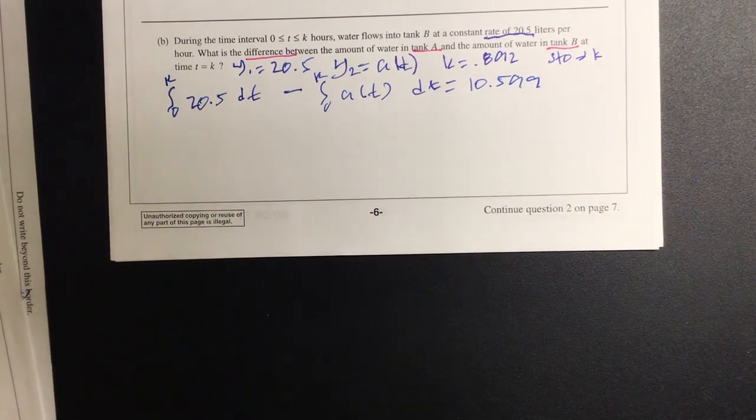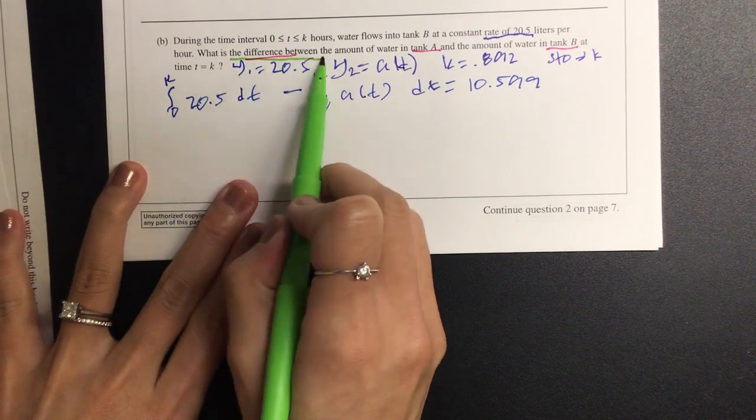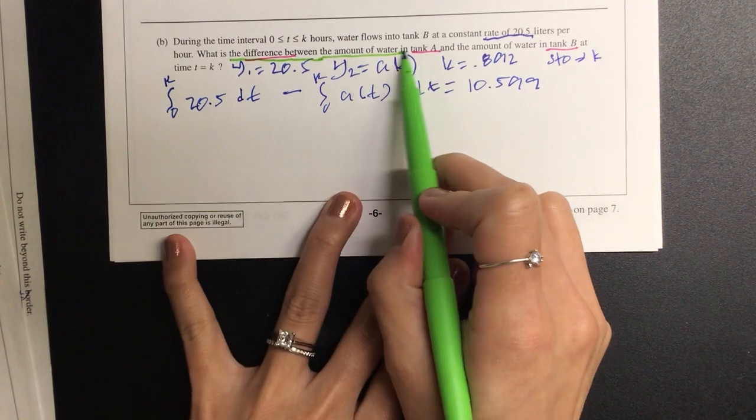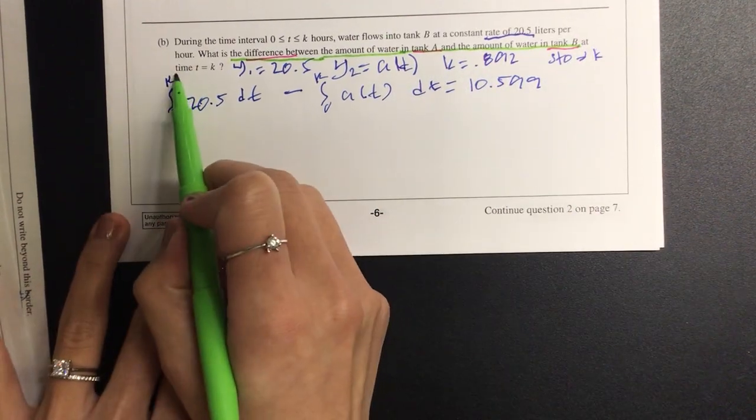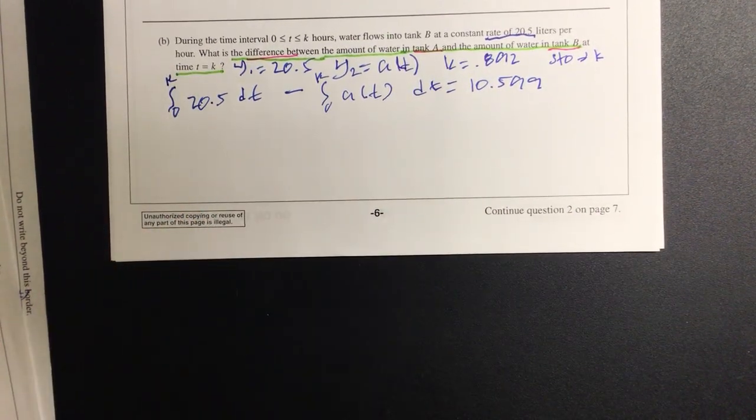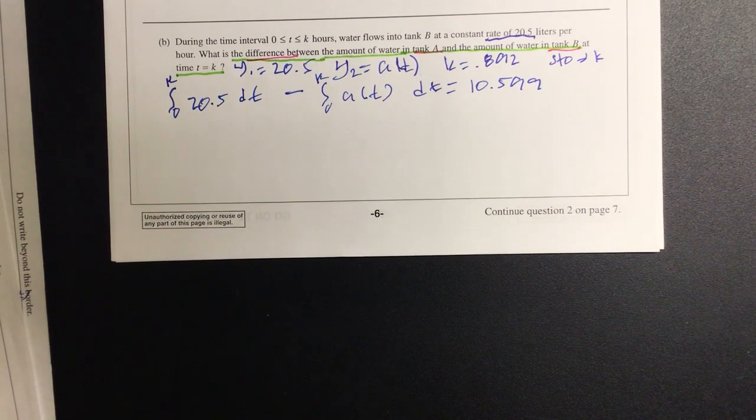So let's look at our sentence stem. This one's going to be kind of long. I'm going to say the difference between the amount of water in tank A and the amount of water in tank B at time t equals k is blah. So I'm going to try to slow down.